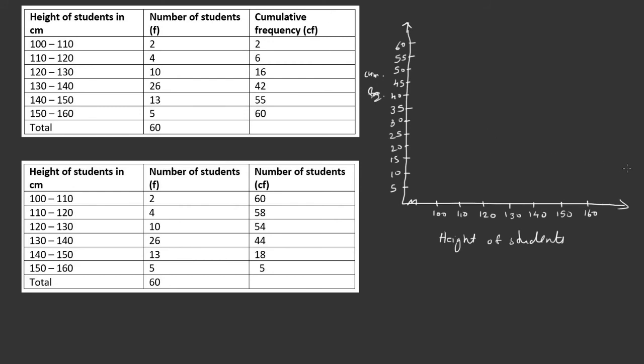First, draw the cumulative frequency curve or ogive for less than type. For this, cumulative frequencies are plotted against upper limit, that is 110, 2.